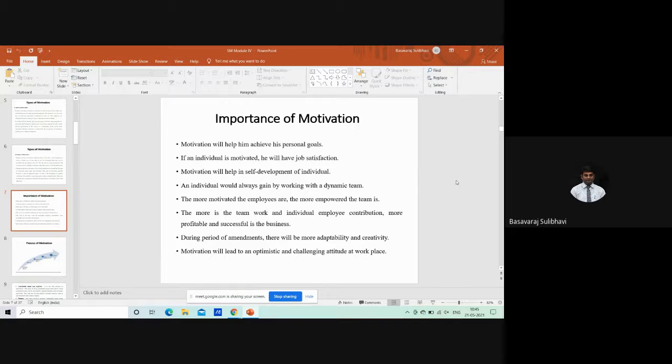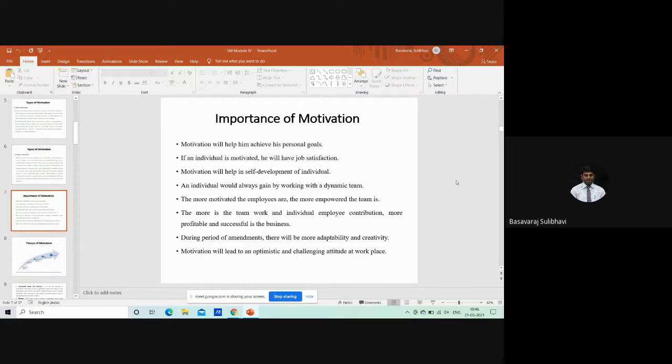This motivation gives employees the confidence that if they help the organization achieve its objectives, ultimately the organization will also help them achieve their personal goals, for which reason they have joined the organization. So motivation helps employees achieve their personal goals. Right.